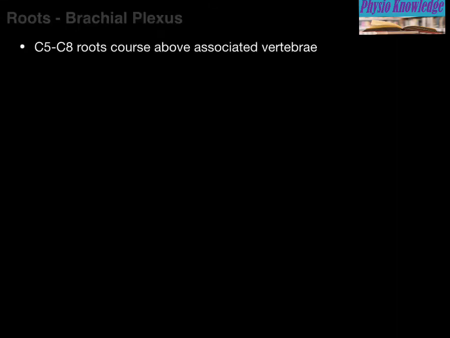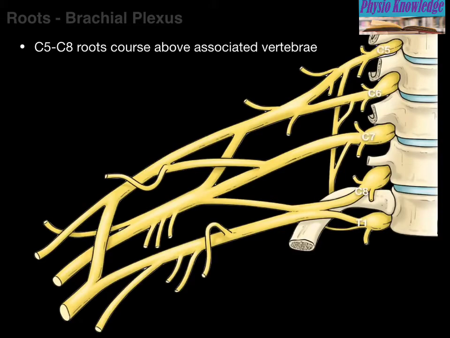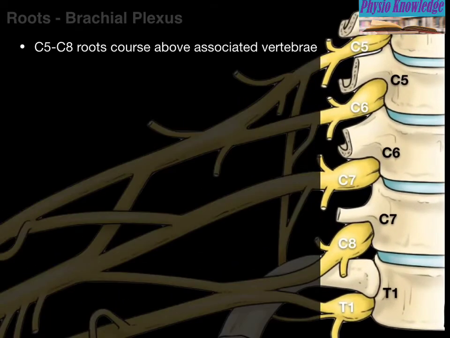Now, the C5 to C8 roots course above their associated vertebra. So there we have this picture, and there are the C5 to T1 spinal nerves, and there are the associated vertebrae. Let's zoom in a little bit and notice that the C5 nerve root courses above the C5 vertebra, the C6 nerve root above the C6 vertebra, the C7 nerve above the C7 vertebra, and then there's this weird thing because we actually have 8 cervical spinal nerves and only 7 cervical vertebrae.